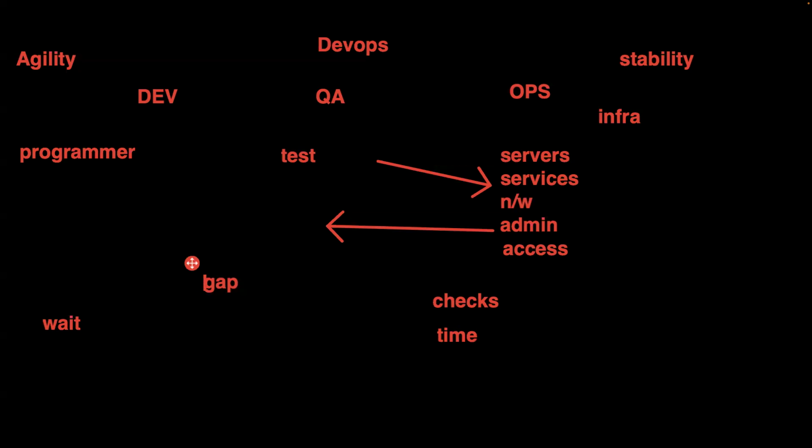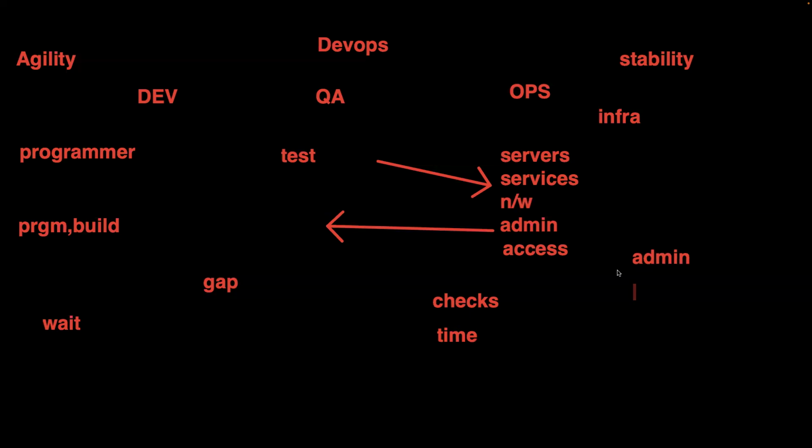Also, their core areas of competencies, their skill sets, are different. Developers will know some programming languages, some build tools, database knowledge, and so on. Ops teams will have knowledge of the administrative part, like managing the servers, maintaining the servers, and so on. Their skill sets and core competencies are different.